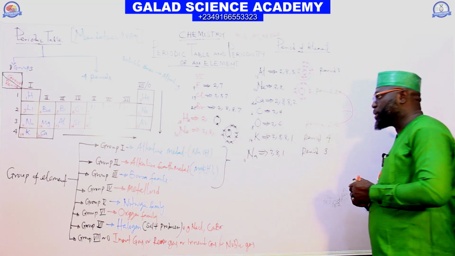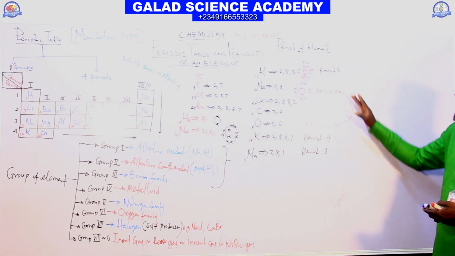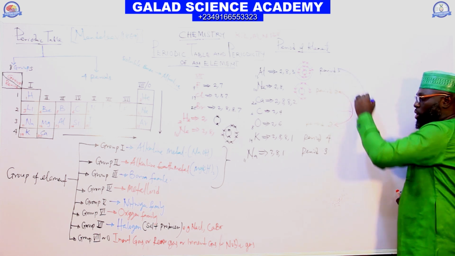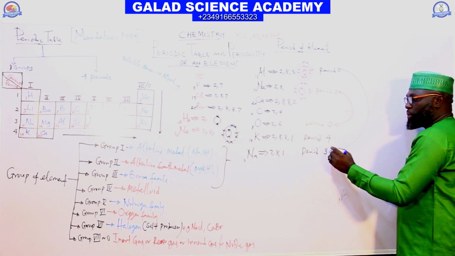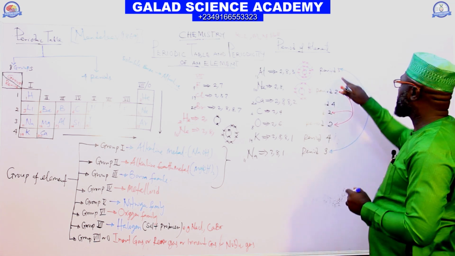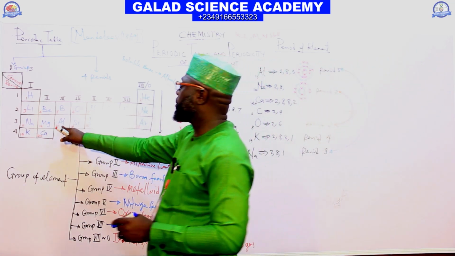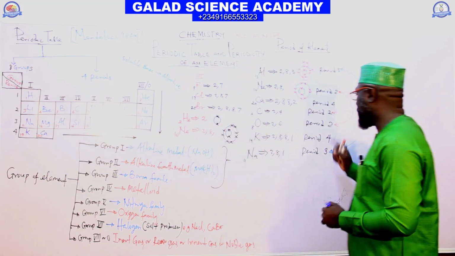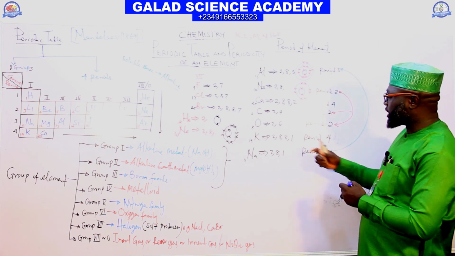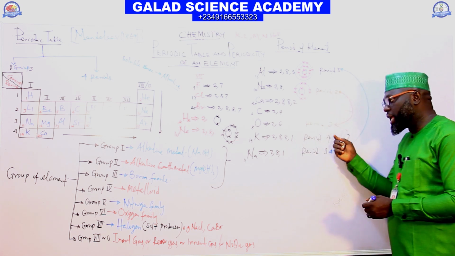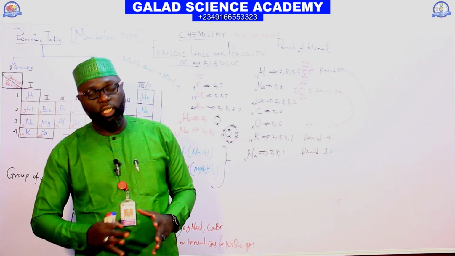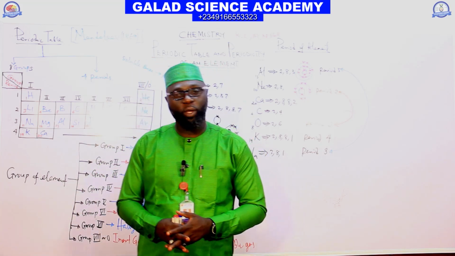Aluminium and sodium are in the same period, period 3. Aluminium, sodium, magnesium are in period 3. In period 4, we have calcium and potassium. So that's how we determine the period and group of an element in the periodic table.